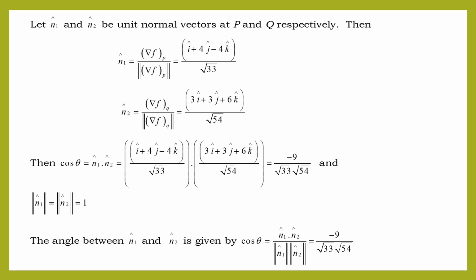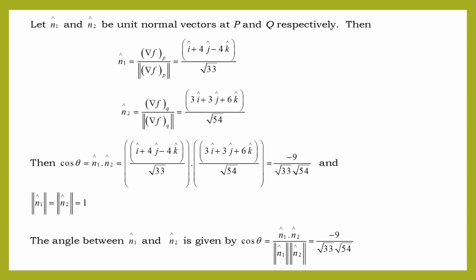Why do we say these two are unit normals? Because these two are unit vectors. That means their magnitude is 1. For example, what is norm n1 cap? Norm n1 cap equals norm of i cap plus 4j cap minus 4k cap by root over 33, which equals root 33 divided by root 33, which equals 1.